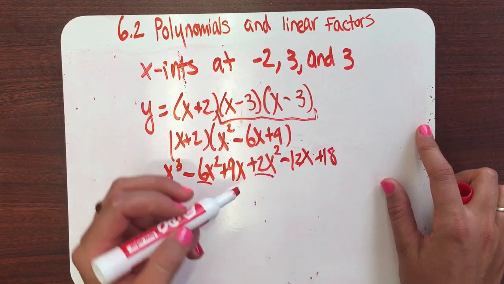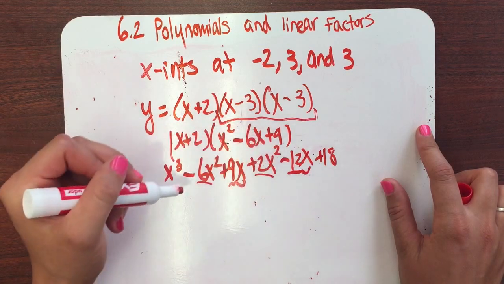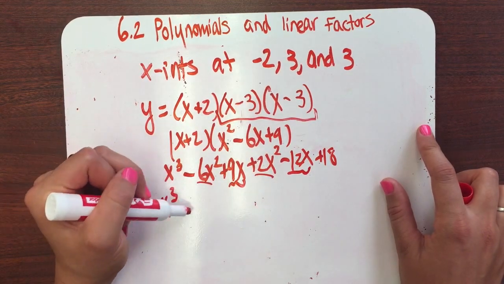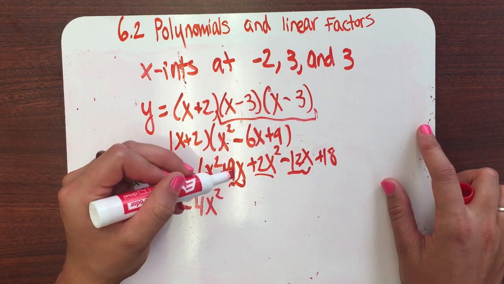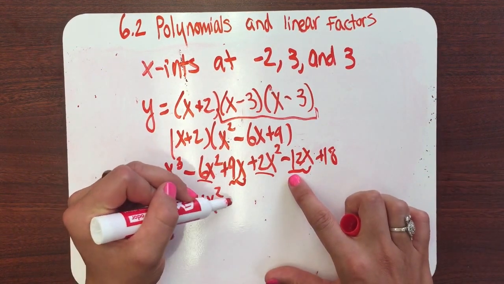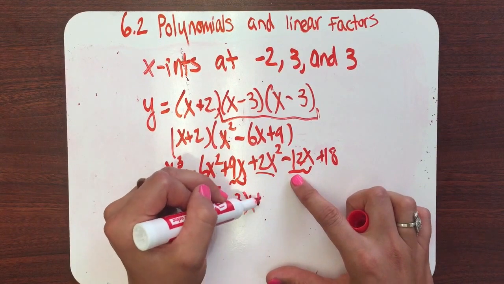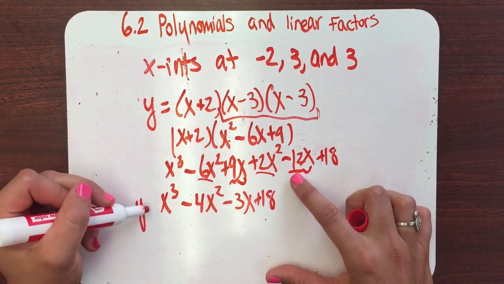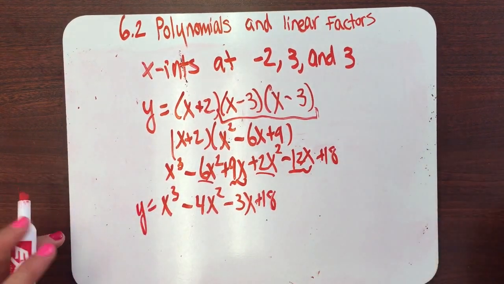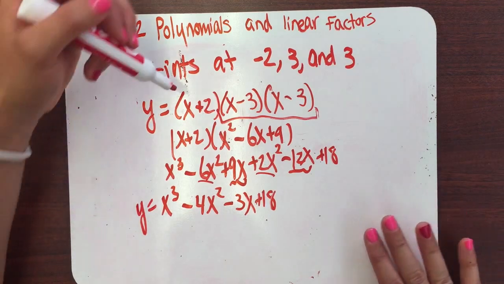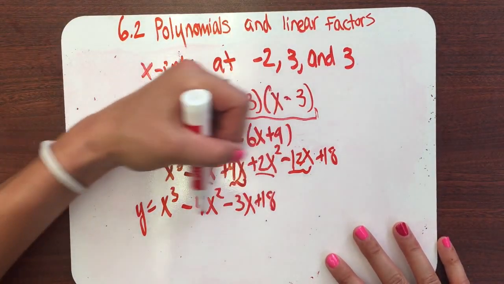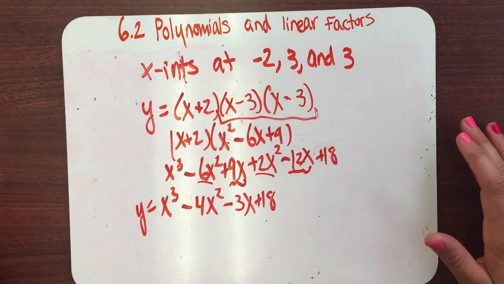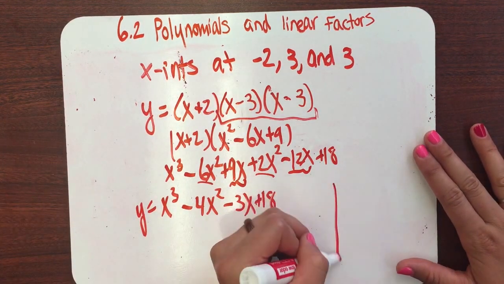Combining our like terms here, we get an x cubed minus 4x squared (negative 6 plus 2 is a minus 4x squared), minus 3x (9 minus 12 is a minus 3x) plus 18. So this is standard form when we're given these x-intercepts. This is factored form. This is standard form. And if we wanted to sketch this, we could.